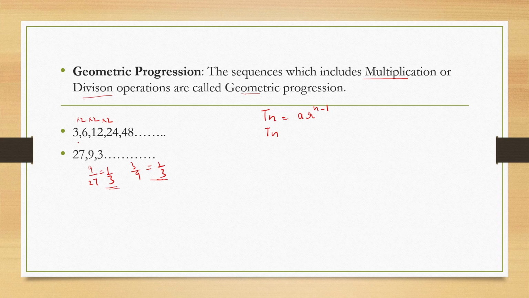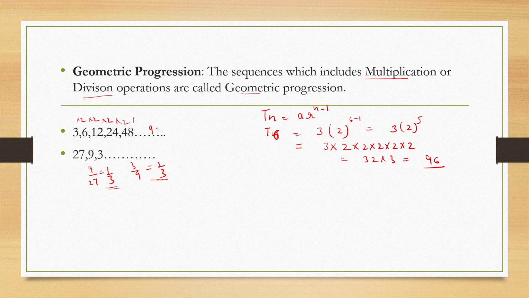So 1, 2, 3, 4, 5, 6, I will find T6. The first term is 3, the ratio is 2, n minus 1 is 6 minus 1, so 3 times 2 to the power 5. 2 to the power 5: 2, 4, 8, 16, 32. 32 into 3 is 96, which is the answer for the next one.